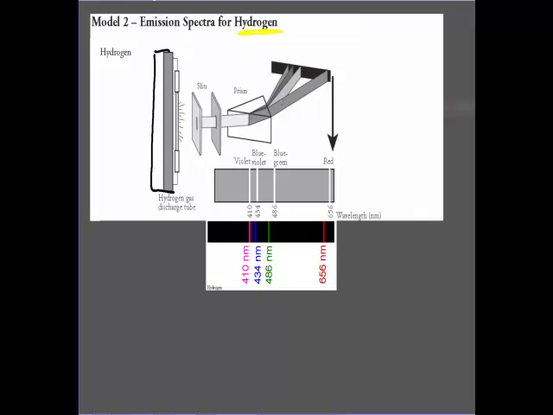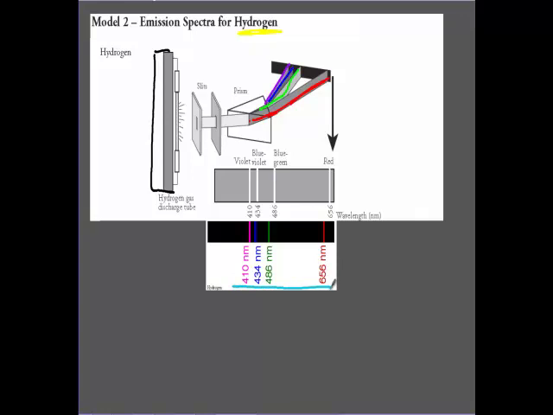And what was noticed is that in the case of hydrogen, the prism shot out 4 different colors that could be seen. There was a red, there's a green hidden in there, there's a blue right there, and there was a purple or a violet. Not really purple, a violet. And they all had very specific wavelengths. And here are the wavelengths down here.